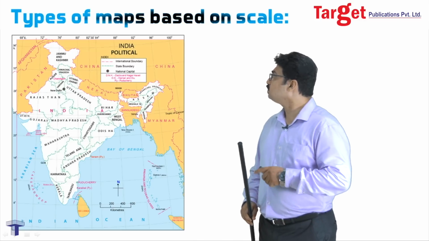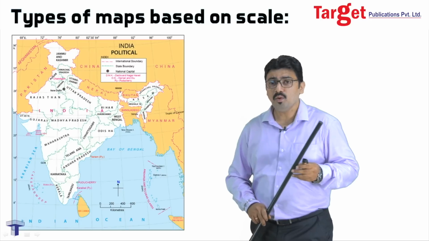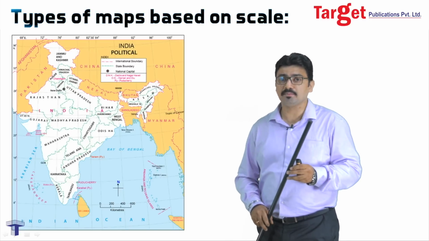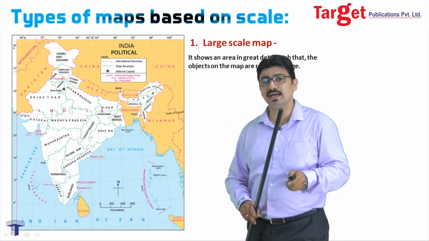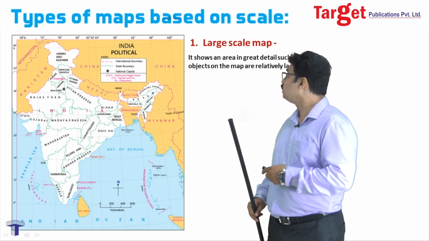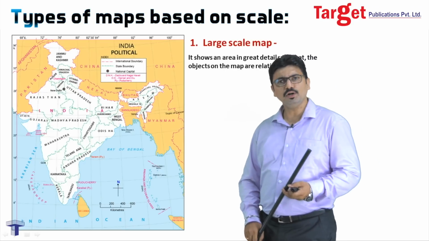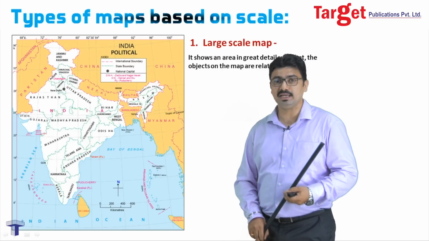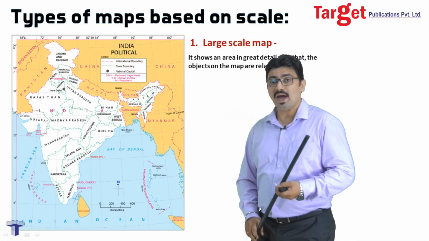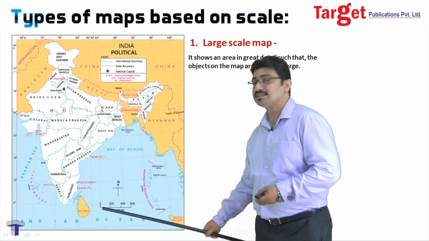So after understanding the types of scales, we have to now see how different types of maps are based on different types of scales, right? The first type that we understand is large scale map. What do you mean by large scale map? Large scale map essentially means a map where a particular region is shown in a larger size.